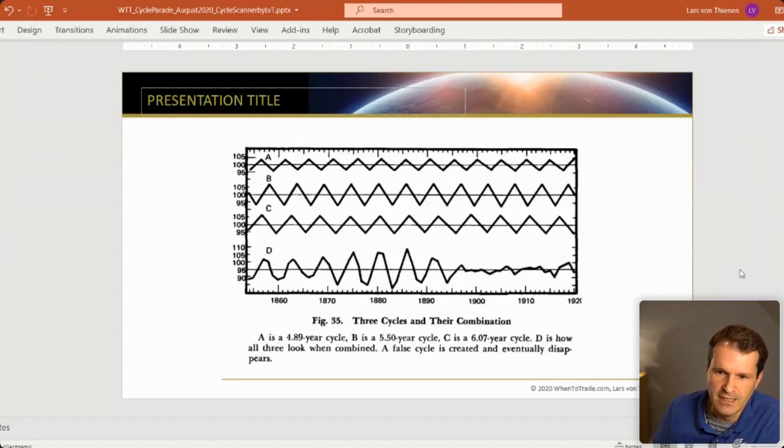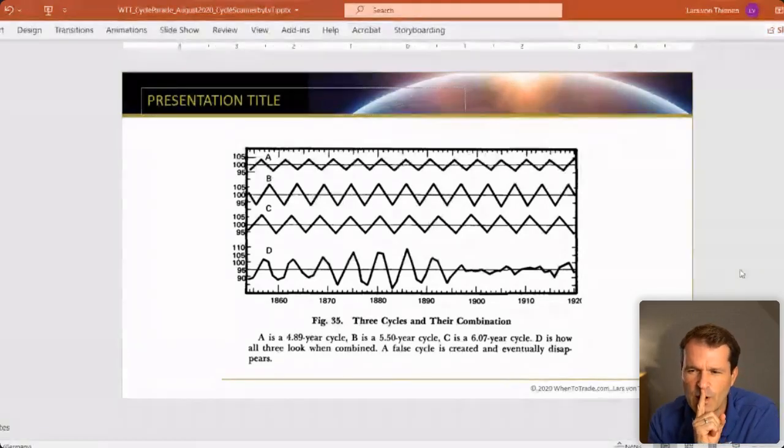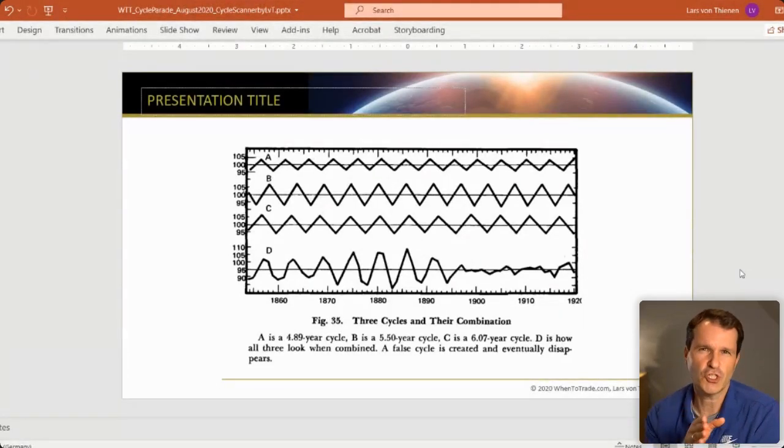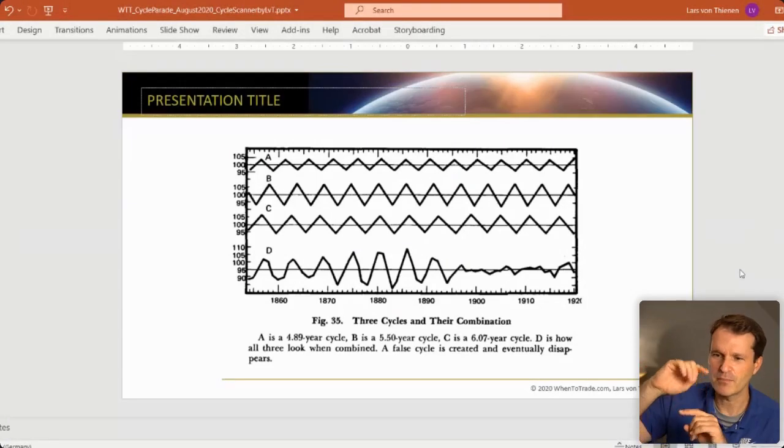That's another topic from Dewey. I've copied this out of the book because, okay, let's close the cycle parade topic. Let's now talk about kind of cycle inversion. Maybe you have heard of it. Often it's when you have a cycle projection, and then the market behaved exactly the opposite of the cycle projection.